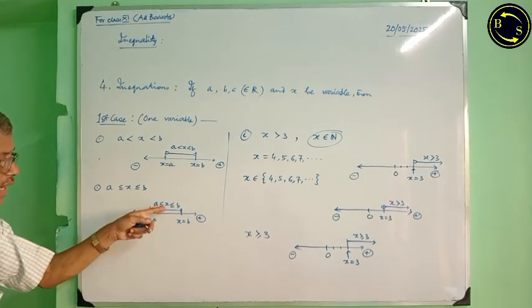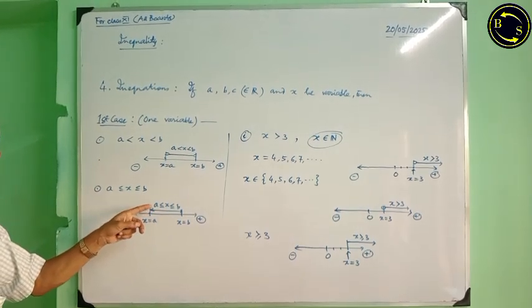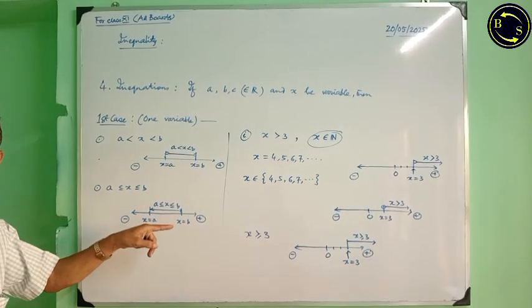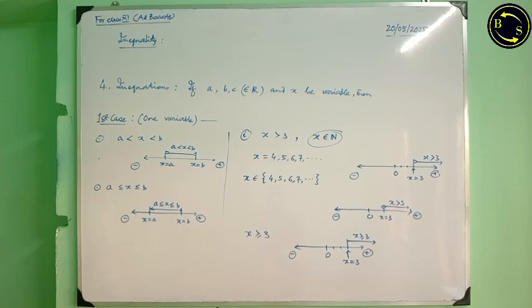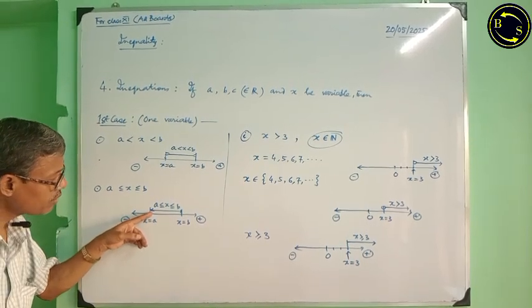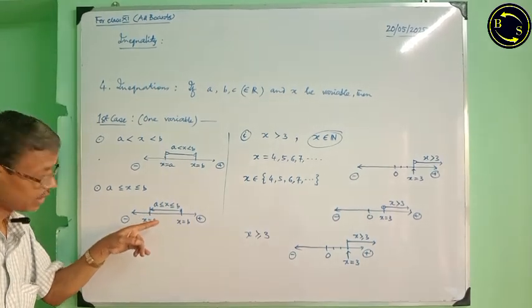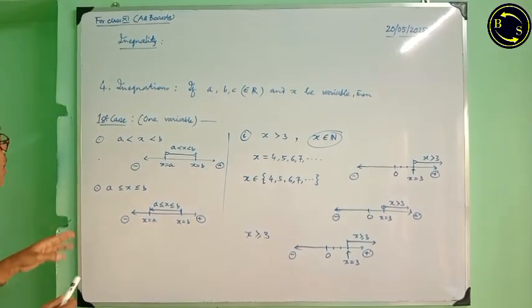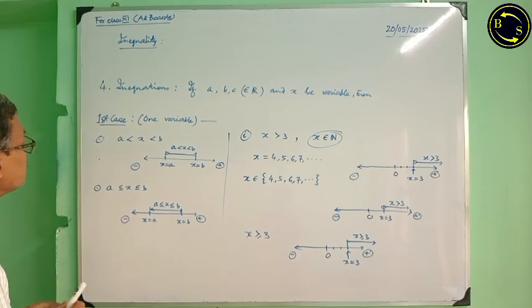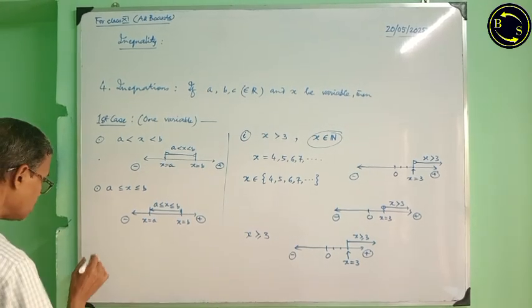In this case, x can take both the extreme values a and b, and also it can take values within a and b. That is why you see I have given arrowheads at the two ends. This is the representation of this inequation.